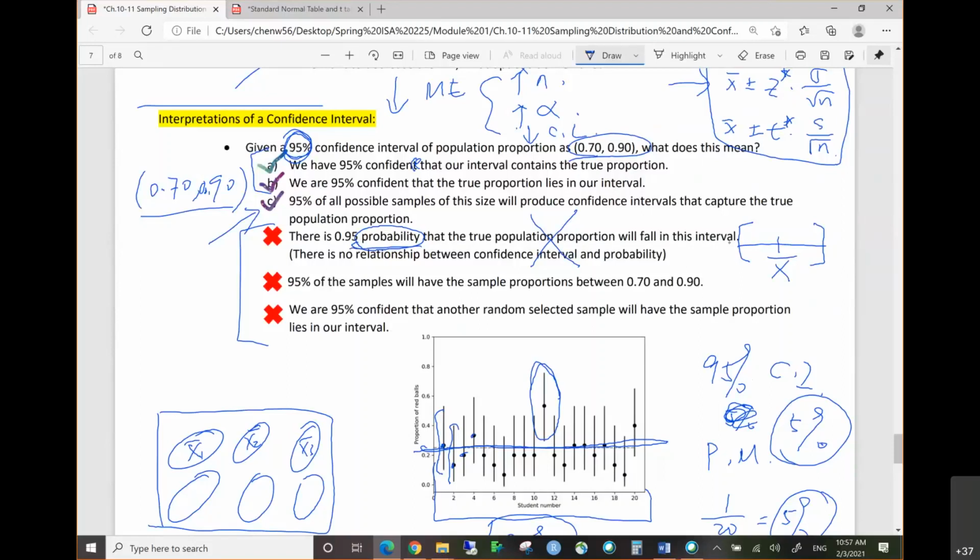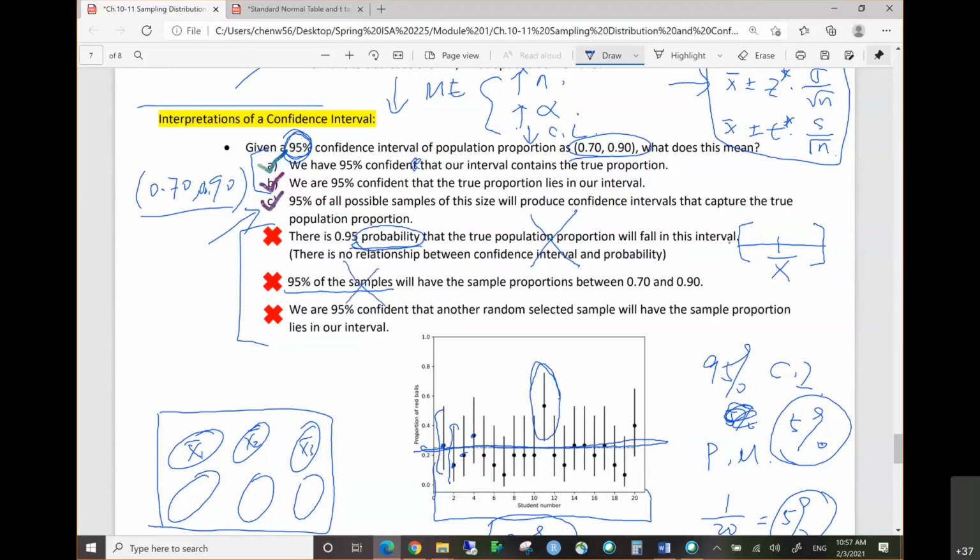The other wrong way: the 95% of the samples will have the sample proportion between 0.70 to 0.90. What's wrong with this? At the beginning of today's class, we said why we want a confidence interval. We want to use the sample to estimate the population, right? So the confidence interval is always about the population. It's never about the sample.